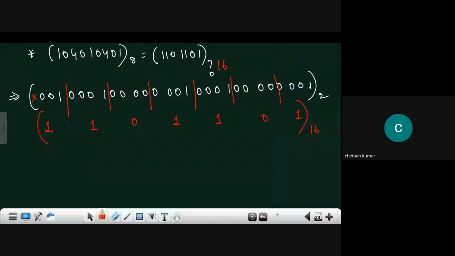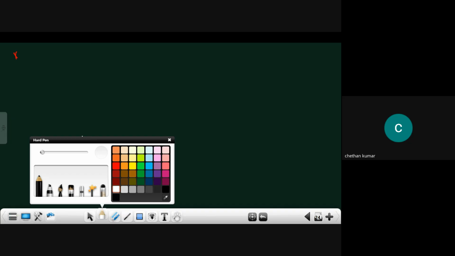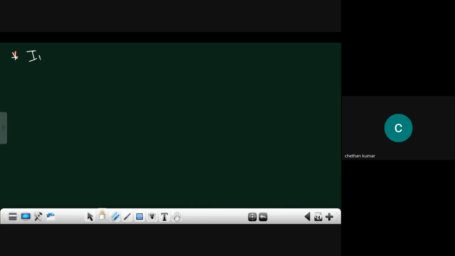In an expression, 11A1B with the base of 8 is equivalent to 12CD with the base of 16.